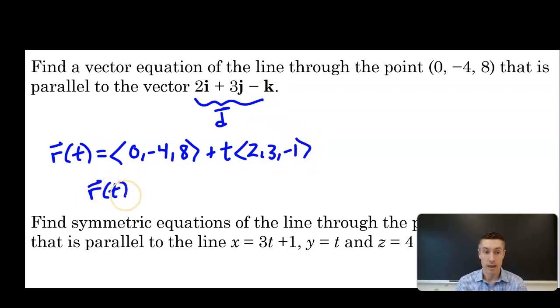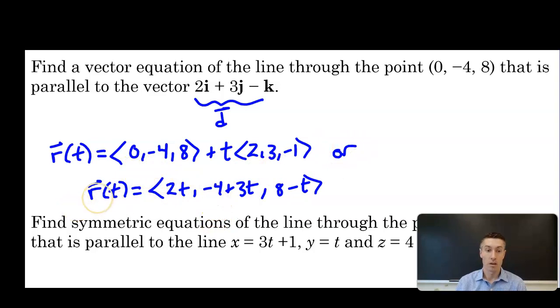If we'd like to write that as just one vector quantity, that would be ⟨2t, -4 + 3t, 8 - t⟩. All right, there's our vector equation.